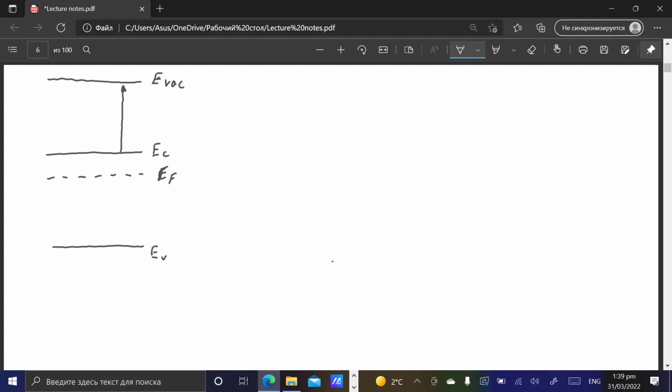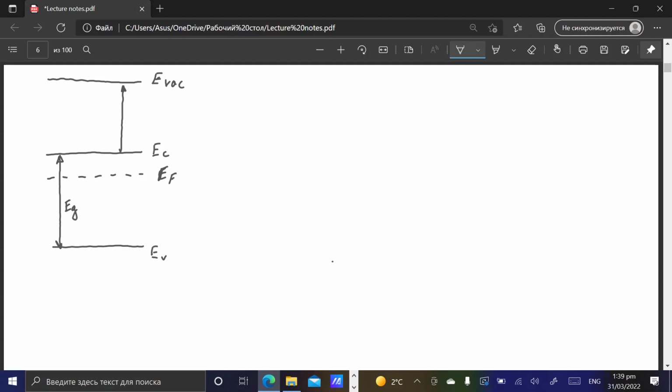So we clearly know what is this parameter. So any suggestions? It's energy band gap, EG.